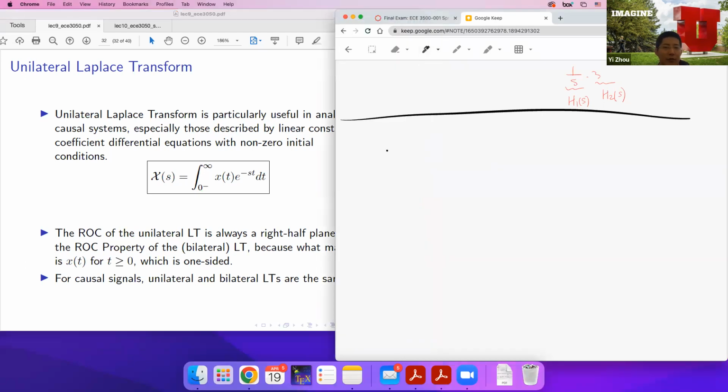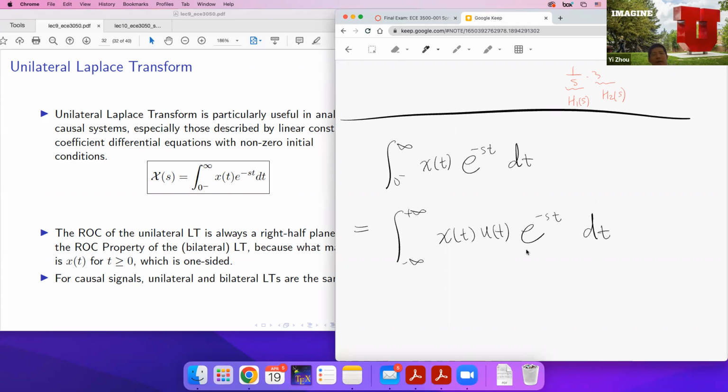Why? Intuitively, you can view this integration as extending it to the bilateral transform by introducing a u(t). Again, we are playing this trick. This u(t) will make the lower limit start from 0.